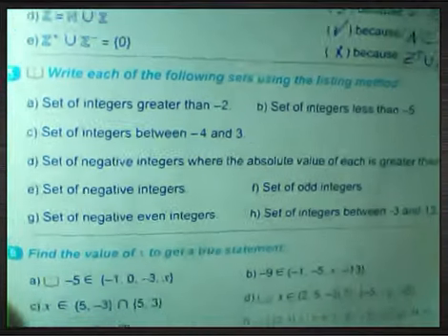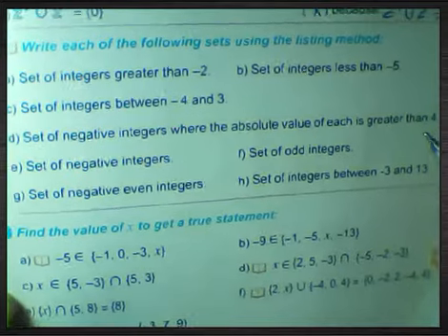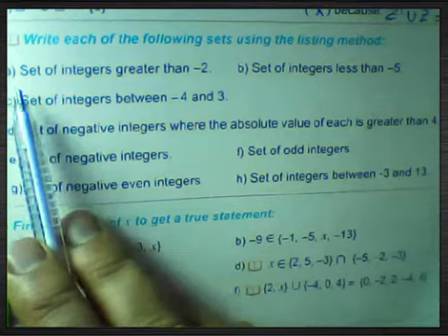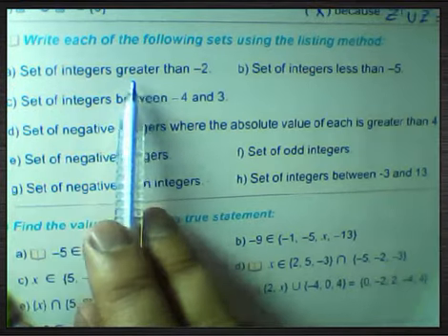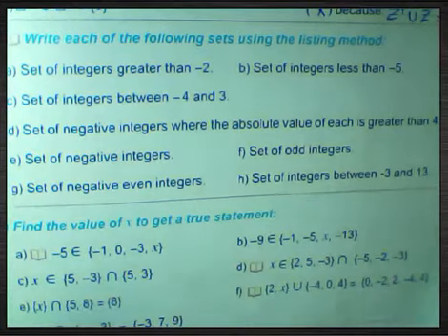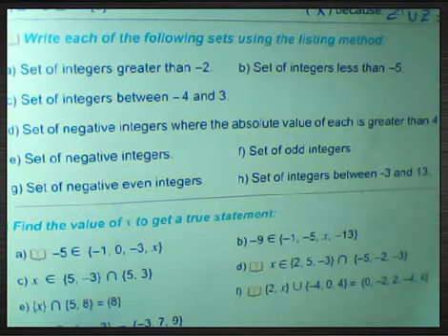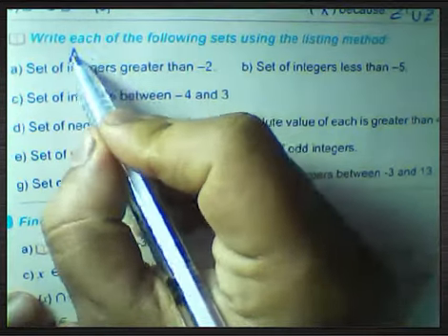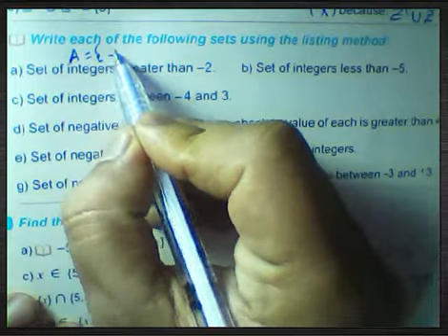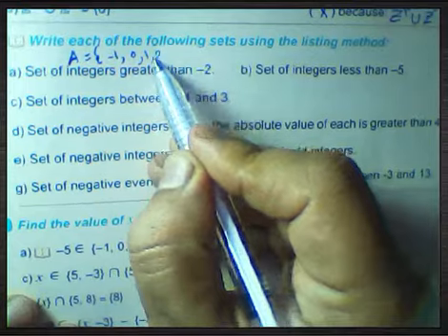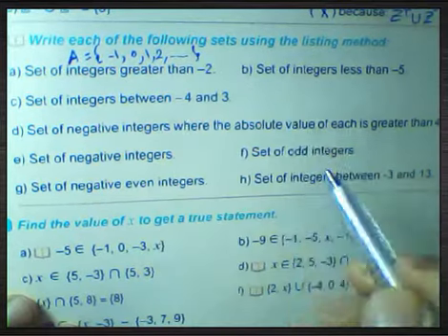Question number 5. Write each of the following using the listing method. Letter A. Set of integers greater than negative 2. Negative 1 is greater than negative 2, and 0, 1, 2, and so on.